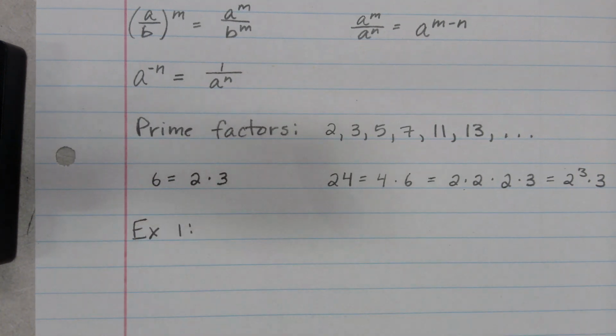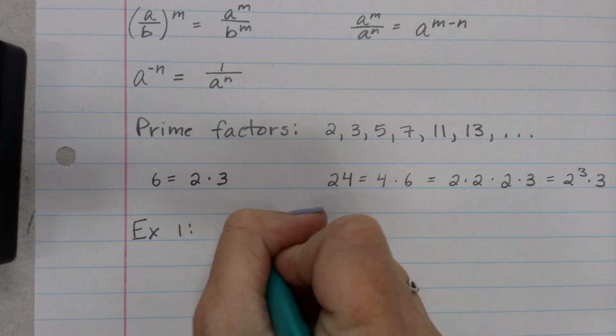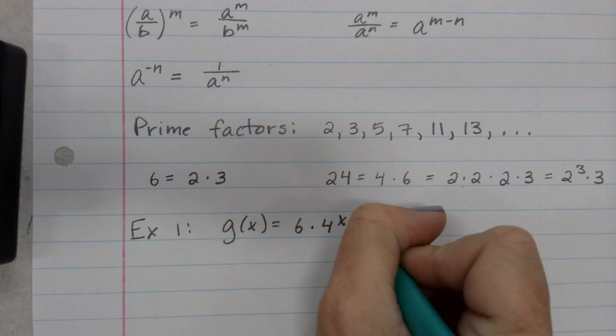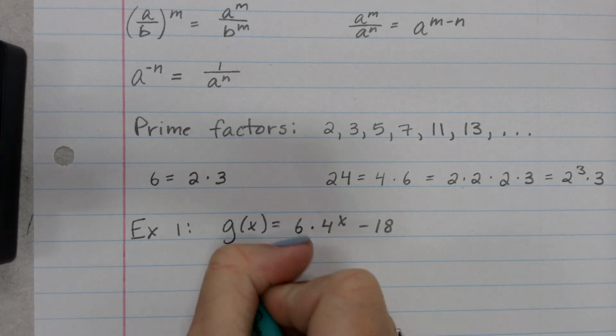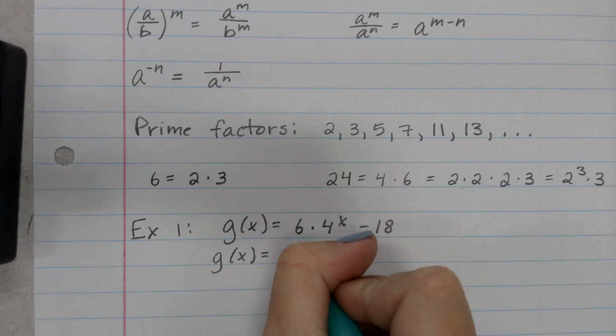So for our first problem, I would like you to rewrite the function g of x equals 6 times 4 to the x minus 18 by rewriting in prime factors and then using the laws of exponents to simplify. So our g of x is going to stay the same. Our 6 is going to change to 2 times 3.